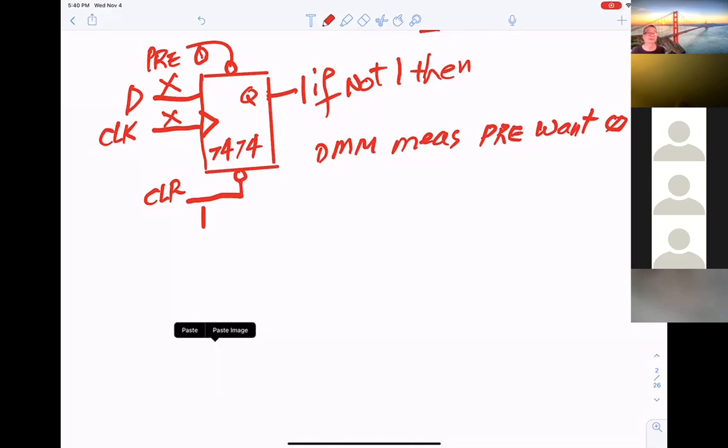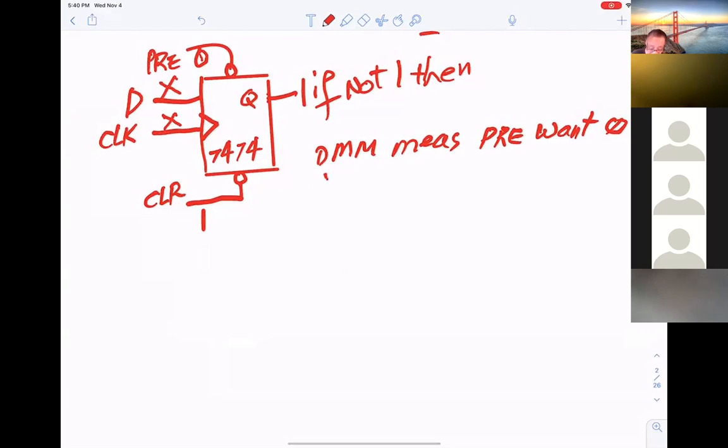Okay, now when you use the meter to measure the preset and you want 0, whenever you take the measurement, you can get what you want or you don't get what you want. Okay, so now I say you get 0.